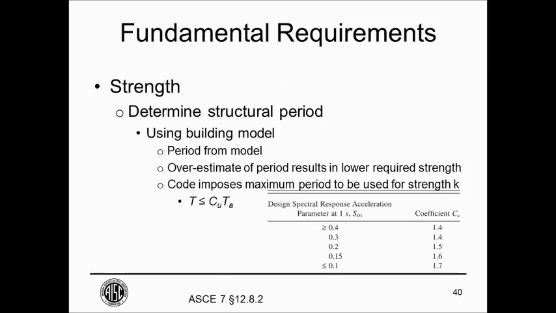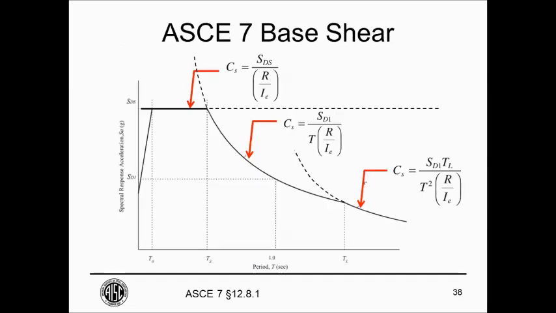You do not have to use a model to determine a T, but you are allowed to. And generally, if you have a longer period structure where you may come outside of that plateau of the spectrum, as we'll see here on slide 38, then it is advantageous to have the longer period reflected in a lower design base shear. So you're not required, but it is generally advantageous.